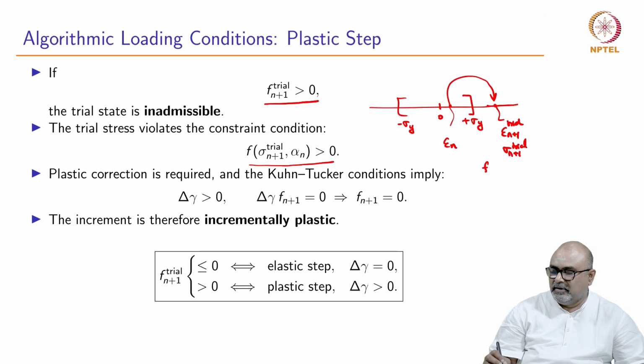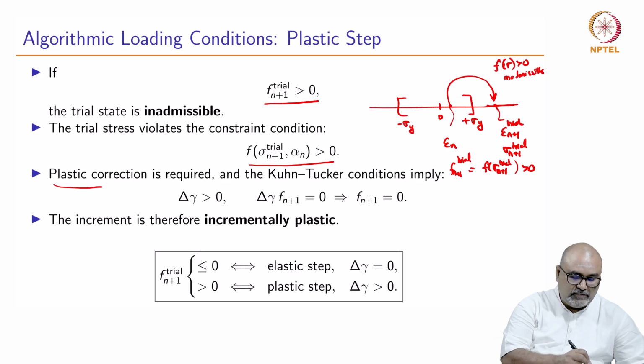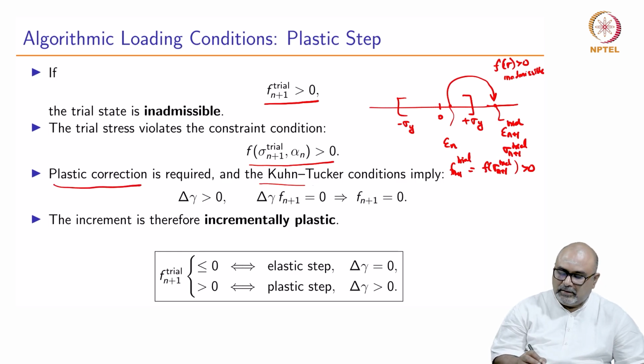In this case, f of sigma n plus 1 trial, which will be F n plus 1 trial, is going to be greater than 0, because it is outside the yield surface. Such a stress state, f of sigma greater than 0, is an inadmissible stress state, and therefore it requires a plastic correction, and the Kuhn-Tucker conditions imply that delta gamma is greater than 0.